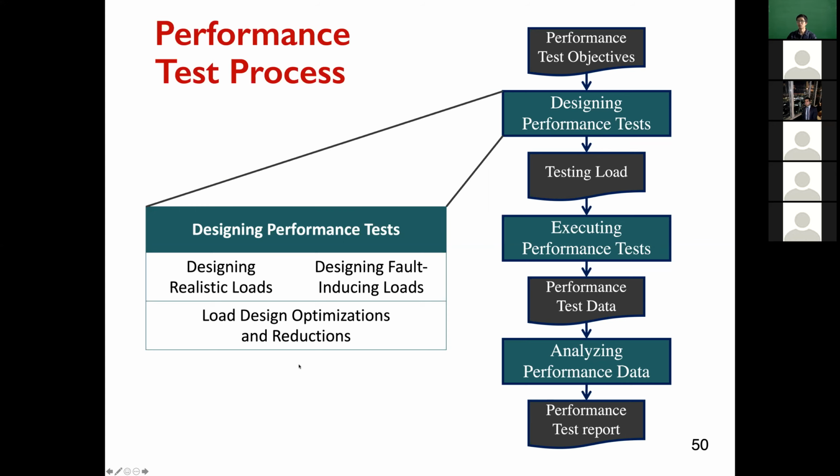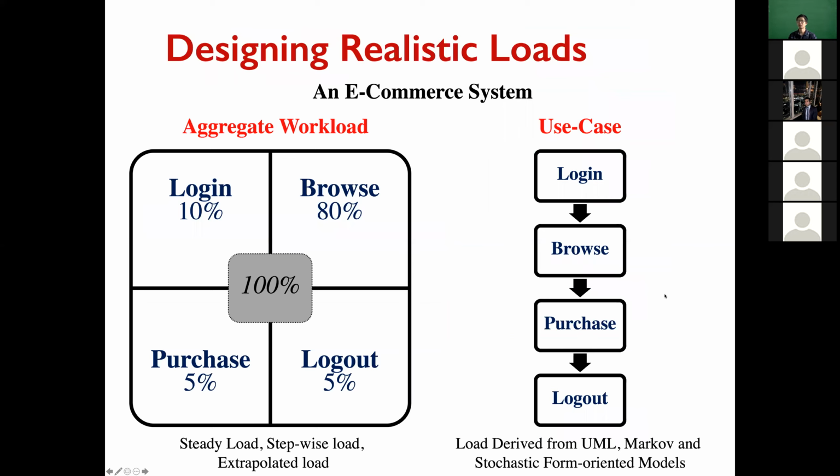Let's look at the first one, designing realistic loads. We have a large number of users, for example, for an e-commerce system. Then we can analyze how users actually use it. The first way is to use something called an aggregate workload.